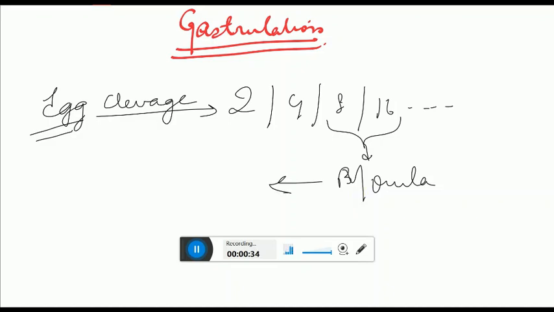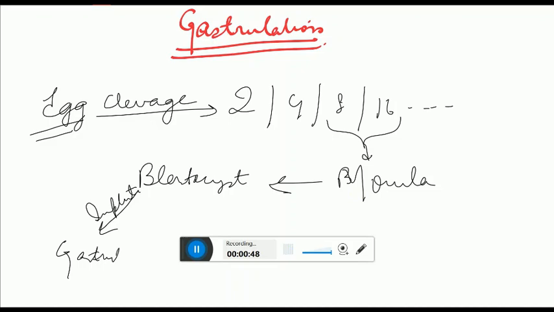This morula after division forms a stage known as blastocyst in human, and this blastocyst will further get implanted. It will form gastrula. Gastrula stage will develop, and this process of development of gastrula is called gastrulation.